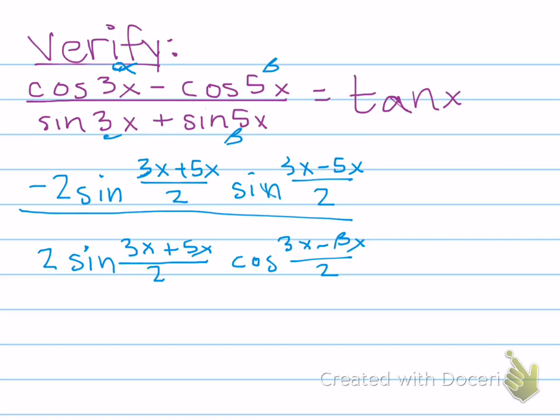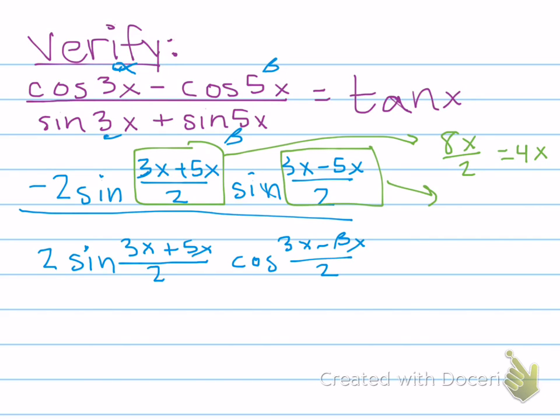And now I need to clean this up, obviously. So this right here, I'm just going to pull this off to the side real quick. So 3x plus 5x will be 8x divided by 2. So that will become 4x. And this right here, we'll have 3x minus 5x would be a -2x divided by 2, which will be -x.